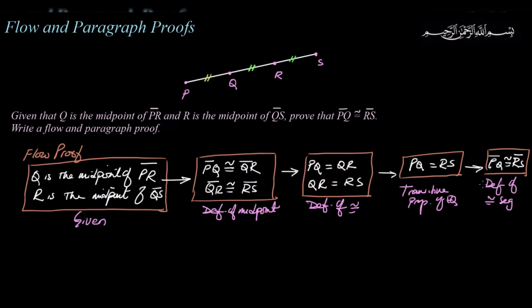Now, what is a paragraph proof? A paragraph proof is really the same thing, except you have to type it out, write it out. So you would put all of this in a big paragraph. I'm going to type it up and show you how that goes. It's no different than the flow proof, except it doesn't have the pretty rectangular diagrams and the arrows. All of this written out in paragraph form would be a paragraph proof.